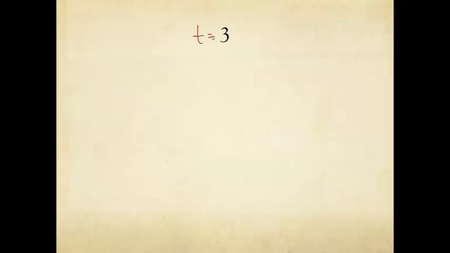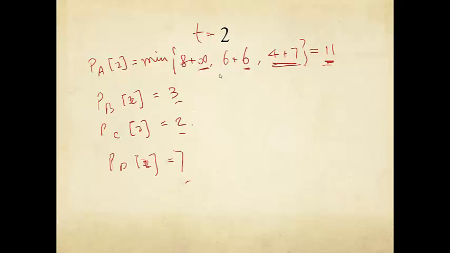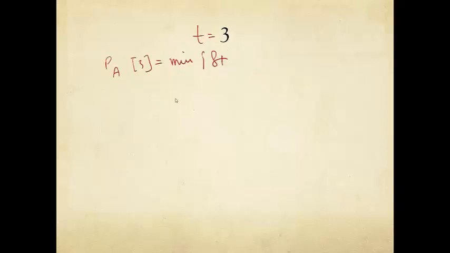Keep going. Iteration 3, you see that PB at iteration 3 is now the min of what? 8 plus what? What does it take for node B to get to the destination? 3. Okay, very good. 8 plus 3, 6 plus 2, 4 plus 7.